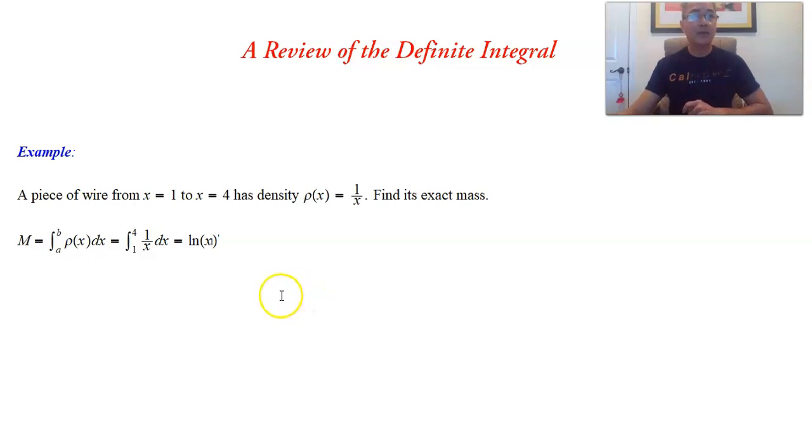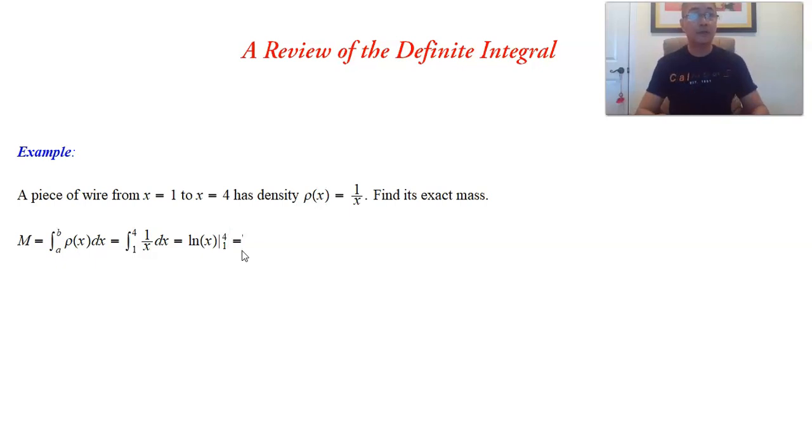Since we are performing a definite integral, remember in the notation we need to put a bar on the right, and then the limits, subscript 1, superscript 4. That's how you would write it, and we plug in the endpoints.